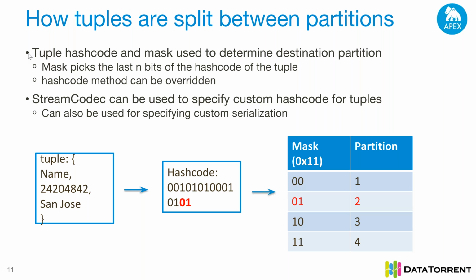In this case, there is a table with the mask bits and the partition, and a tuple for which we have to decide which partition it should be processed on. Once the hash code is generated for this tuple, the last two bits are masked using the provided mask, and whatever value is generated is used to decide which partition it should be sent to for processing. For example, in this case, the generated value is 0, 1. That's why we sent it to partition 2.